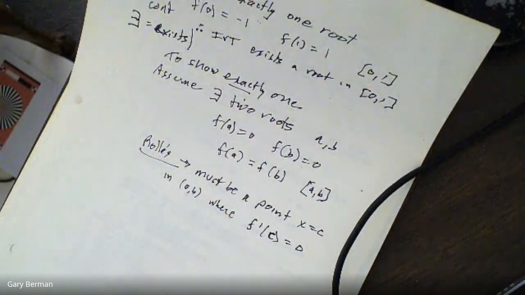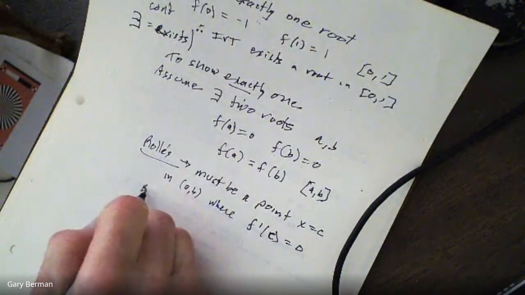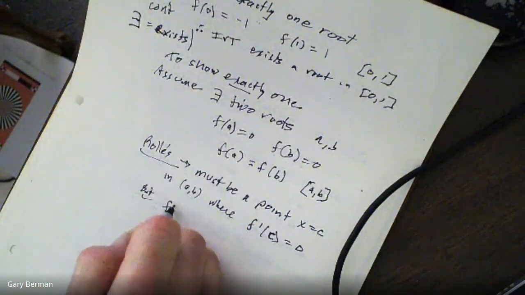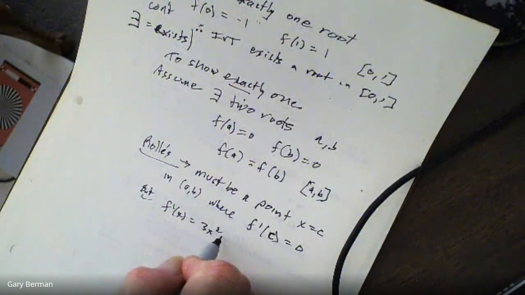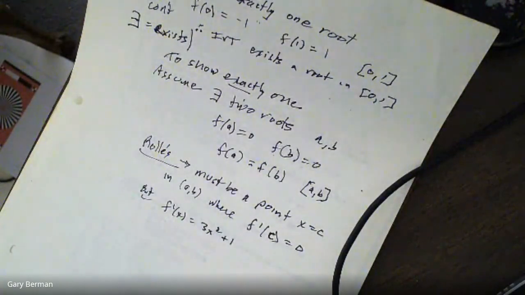Well, let's look at the derivative of this function. The derivative of this function is 3x squared plus 1. And we're saying that somewhere this derivative has got to be 0 by Rolle's theorem.